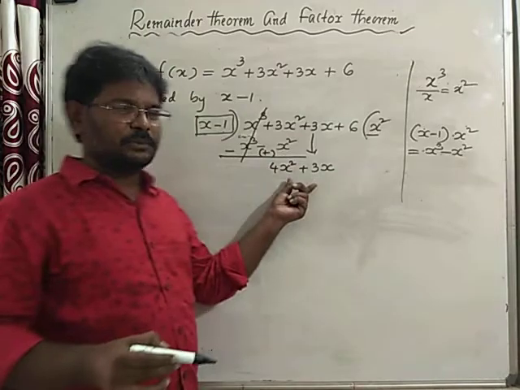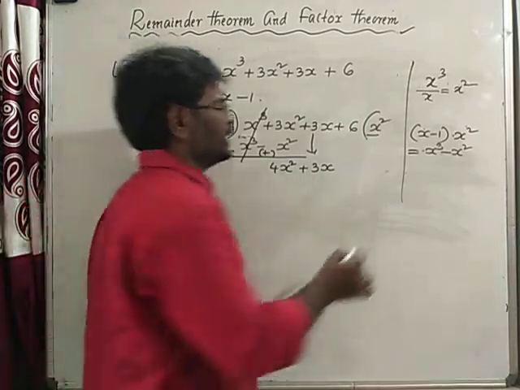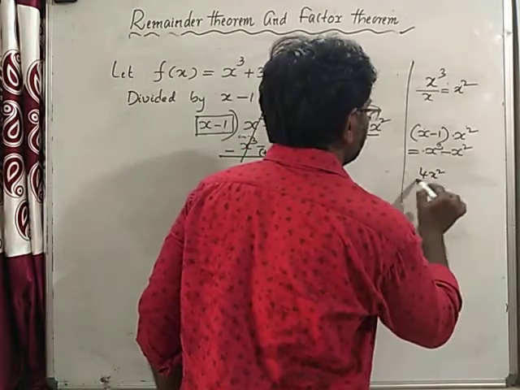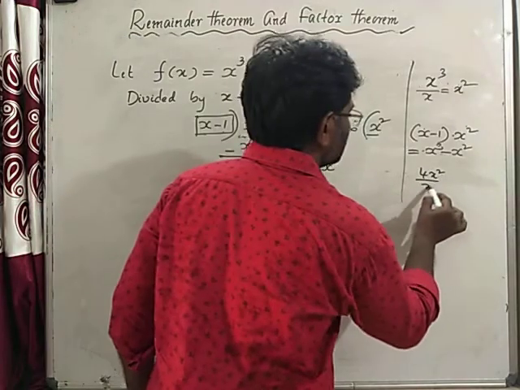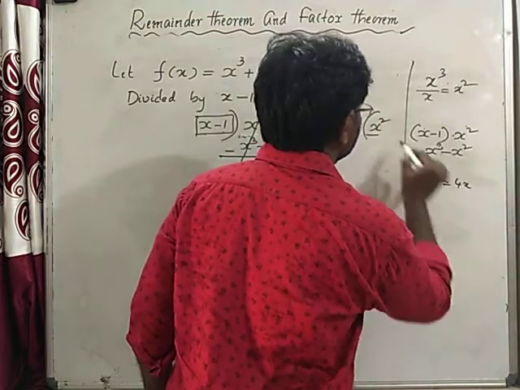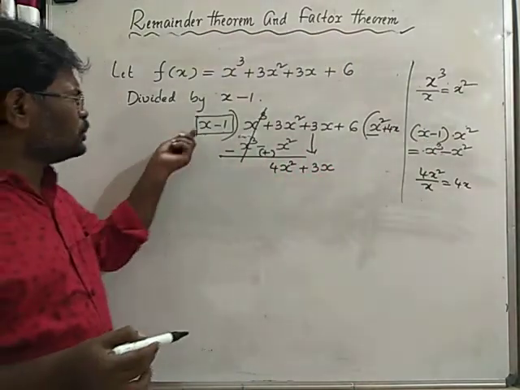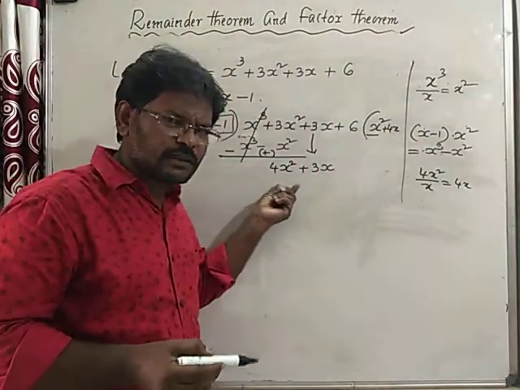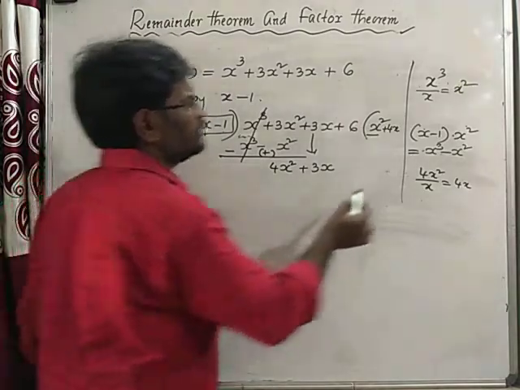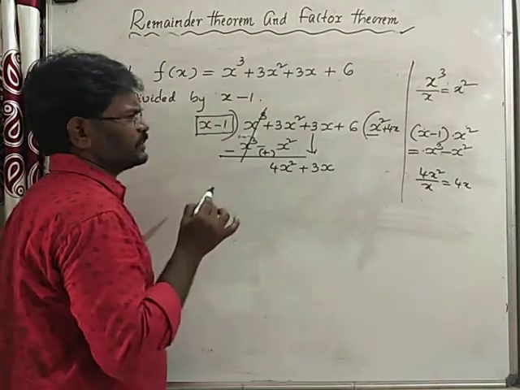Now in this expression, the first term is 4x square. 4x square divided by the first term x is 4x. You could write 4x here. What should be multiplied by x to get 4x square? That is our motto. That's why we divide 4x square by x. Understand?